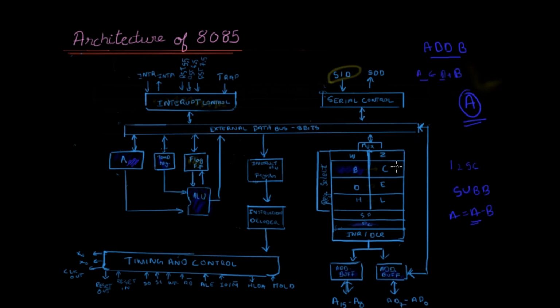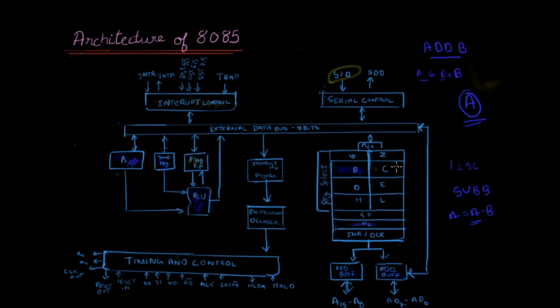Once you have taken it as a register pair, we can always take it as individual registers also. Suppose in one instruction you're using BC as a register pair, and in the next instruction you only want to reference one register, B or C, we can do that in 8085.